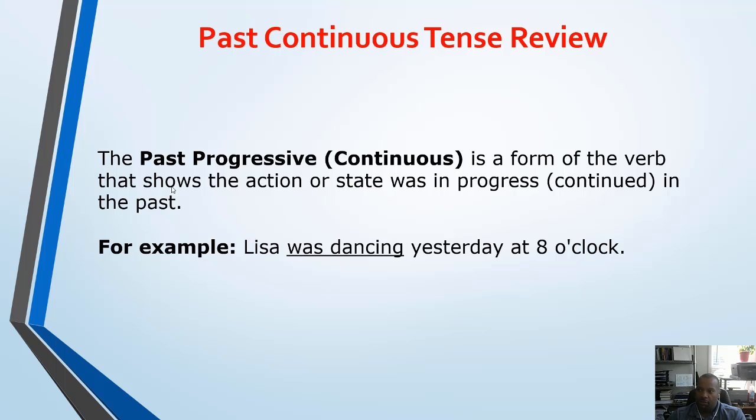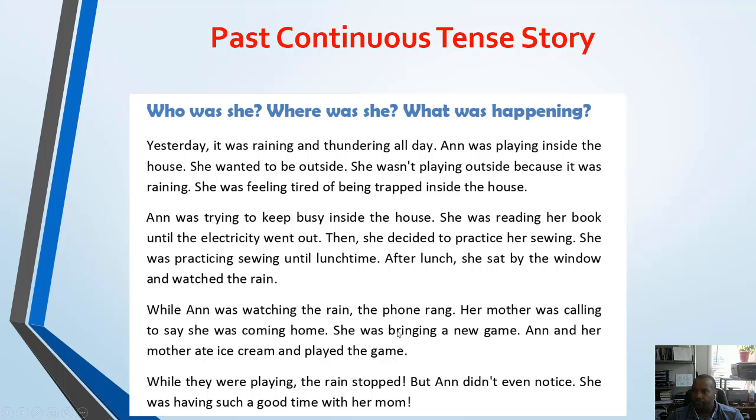So now let's take a look at a story. Our past continuous tense story. The questions we have to ask ourselves are: who was she? Where was she? What was happening? Okay? So now it would be a good time to pause the video and read this for yourself.